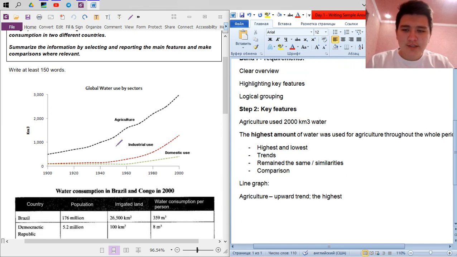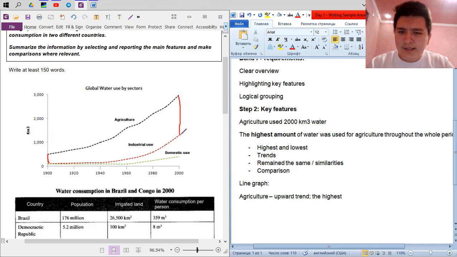And then how about industrial use? And pay attention to the gap. I think the gap is also comparison. So it's like a 500-point increase. How about in this? Yeah, 500 kilometer difference. How about here?